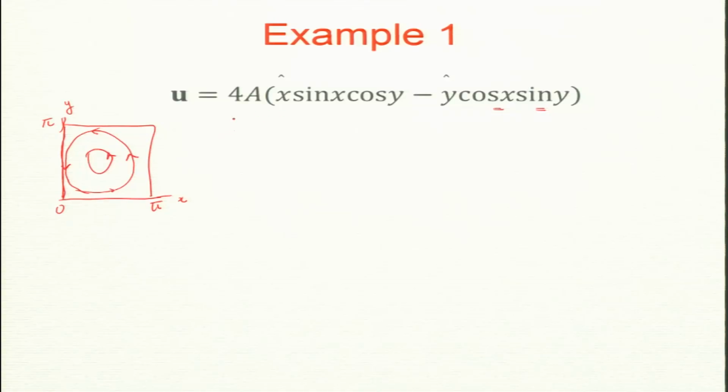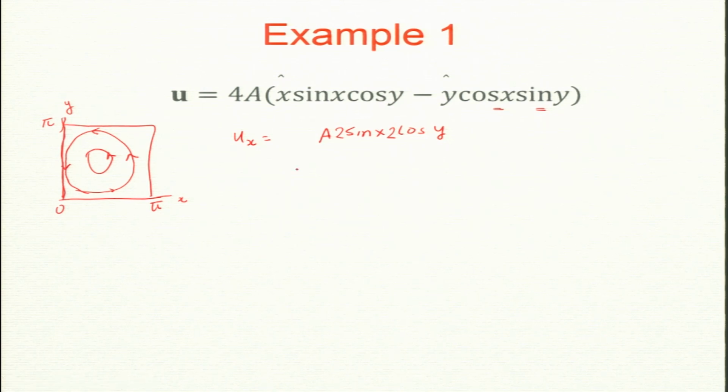Precisely. So, let us write the first part, u of x, which is 4a sin x cos y. I am going to write this 4 as 2 times 2. In fact, this 4 had a certain meaning, which is why I put 4.